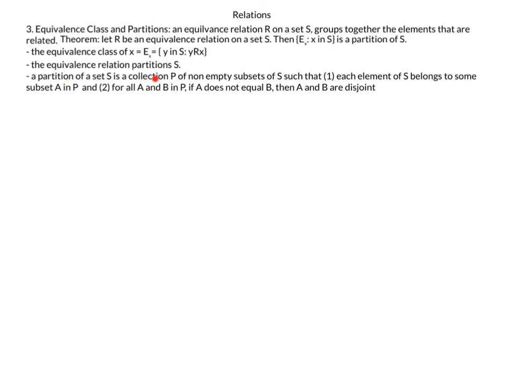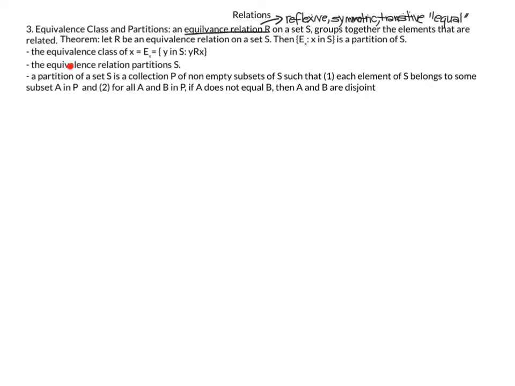Okay, now that we've talked about partitions, we can talk about equivalence classes. And we're going to kind of work these definitions backwards. So we talked about equivalence relations. Remember, those are the relations that are reflexive, symmetric, and transitive. And they are sort of an abstraction of equality.